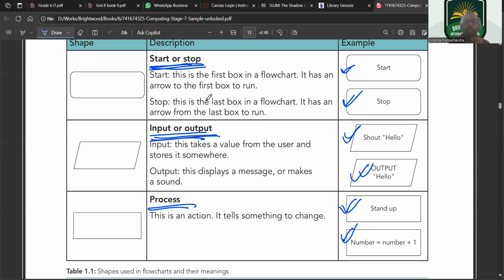If it is a rectangle, you can think it should be used for a process, addition, multiplication, or any other process. You can identify them by the shapes. Just write down the example and the topic: start and stop, these two; input and output, these two; and process, these two. Quickly write now.